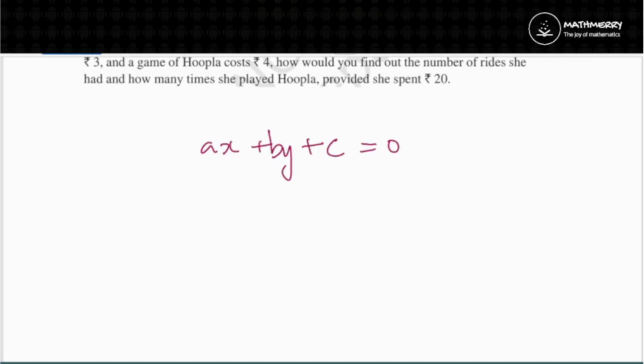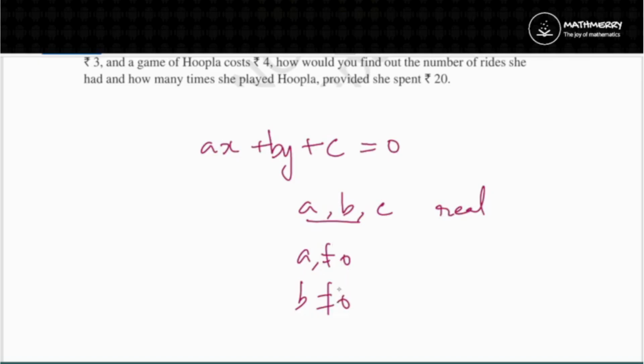Here a, b and c are real numbers, and a and b are not both equal to 0. So a is not equal to 0 and also b is not equal to 0.